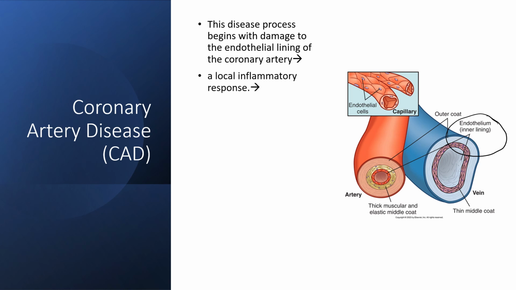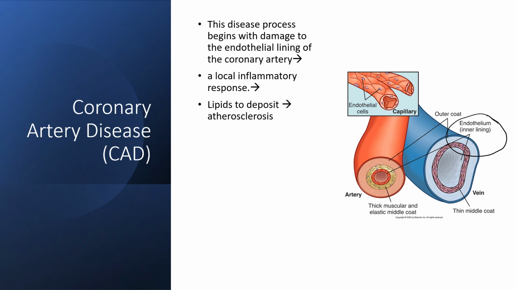And as a result of that, as we mentioned in our previous slide, this then sets up a local inflammatory response within the coronary arteries. So once the inner lining is damaged, that sets up a cellular and vascular inflammatory response inside of the coronary artery.